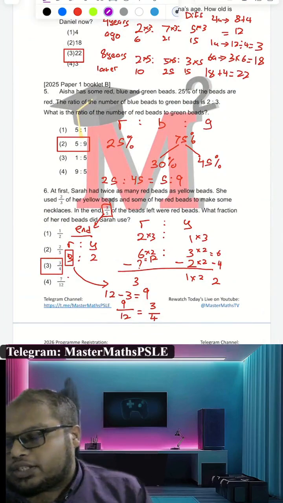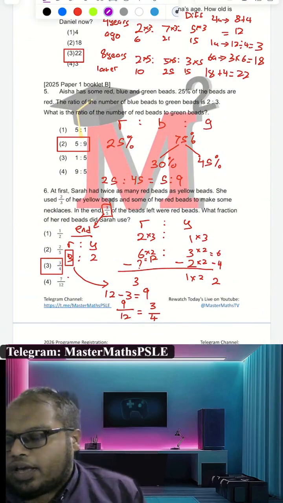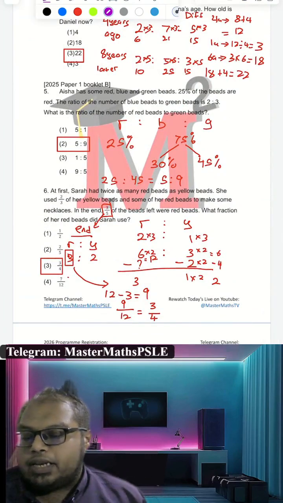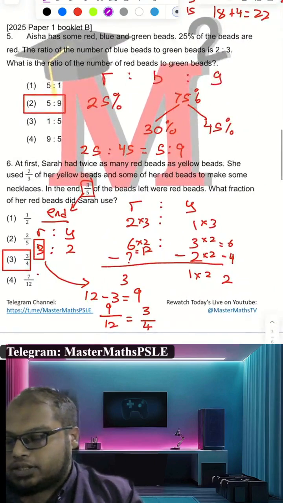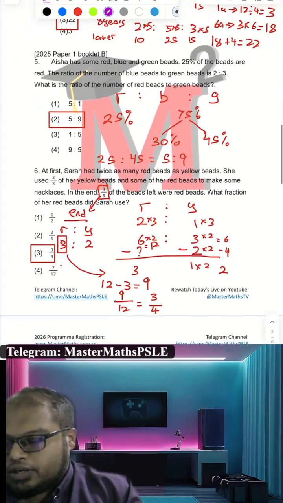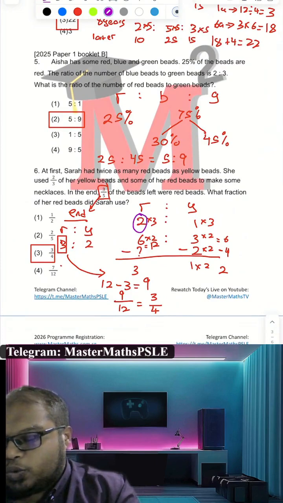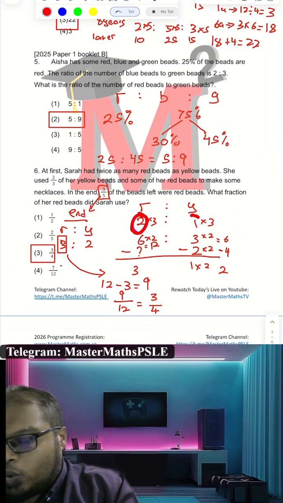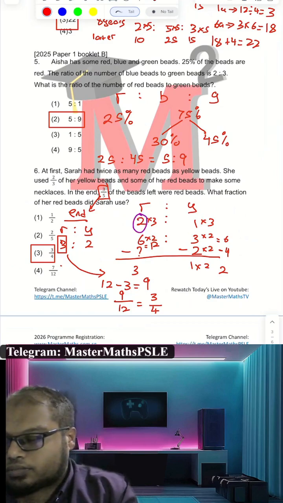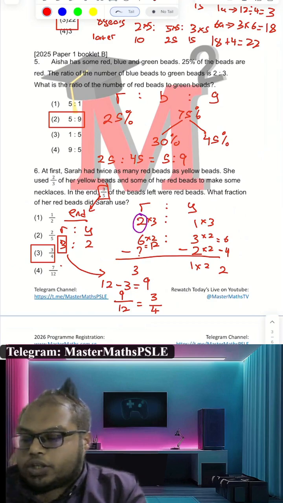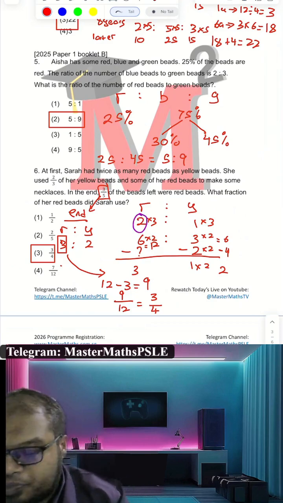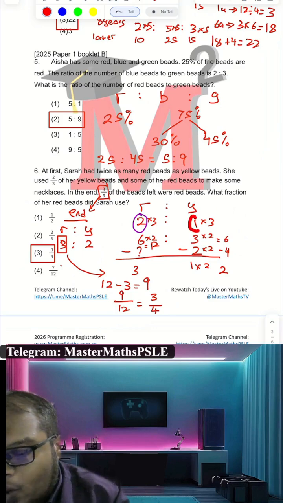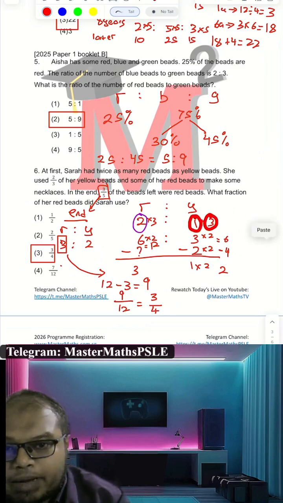Okay, so question 6. At first, Sarah had twice as many red beads as yellow beads. So here, now I put 2. 2 is to 1. Now, she used 2/3 of her yellow beads, right? So that's why this 1, I make it into 3 by multiplying by 3.